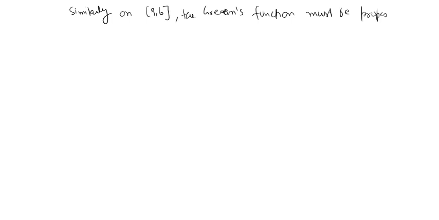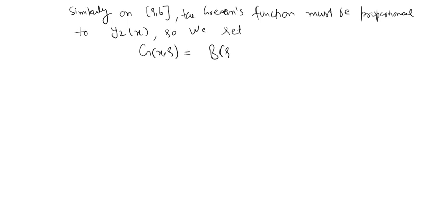Similarly, on the interval xi to b, the Green's function must be proportional to y2(x), and so you can set g(x, xi) = B(xi) y2(x), where B is independent of x, for any x belonging to xi to b.